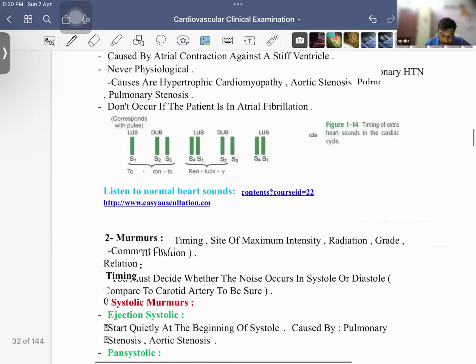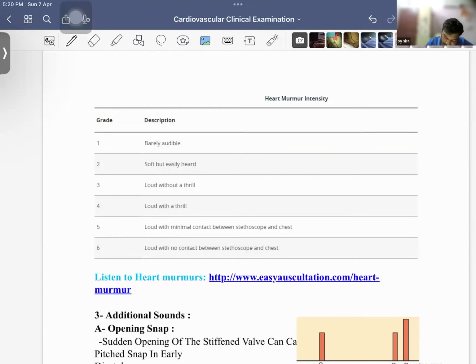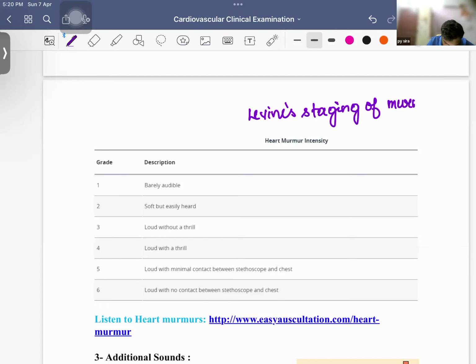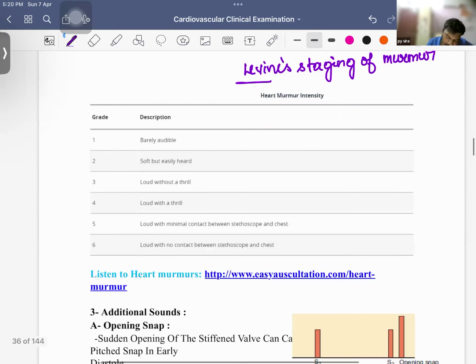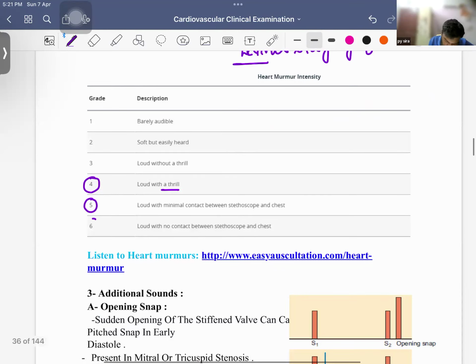The grading for murmur is called the Levine grading of murmur. One thing to remember is that grade 4 is associated with a thrill, and grade 5 is audible even without a stethoscope, and grade 6 even on entering the room.